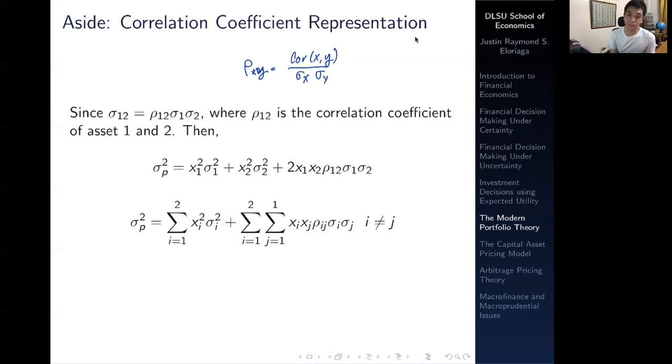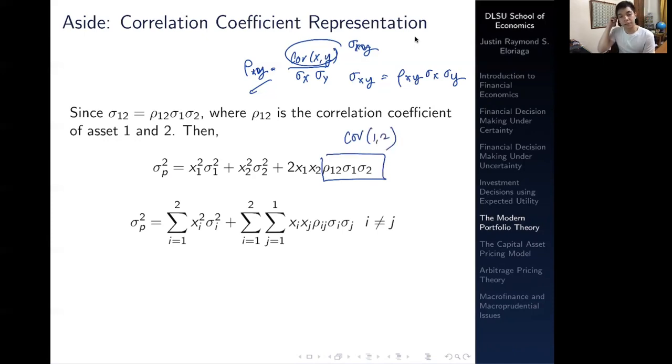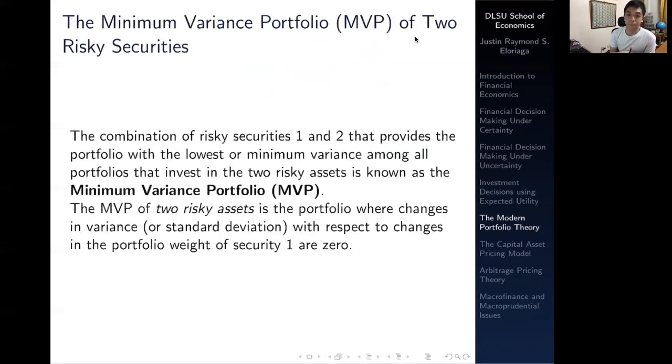So we can express the covariance, which is sigma 1, 2, or sigma xy in this case, as sigma xy equal to rho xy, sigma x, sigma y, right? So we can express the covariance in that particular manner as well. And that term, remember, is just the covariance of asset 1 and asset 2. So that's your covariance there, and mathematically, this is how we can put it in the generalized two asset case.